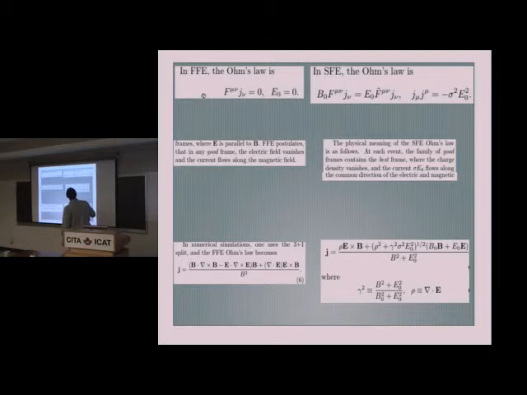In the best frame, electric and magnetic field are parallel, and the current equal to this value flows along the common direction of those fields. So I have done almost nothing, right? You understand? From here to here, it's just the same picture that I showed in force-free electrodynamics. This is my picture.